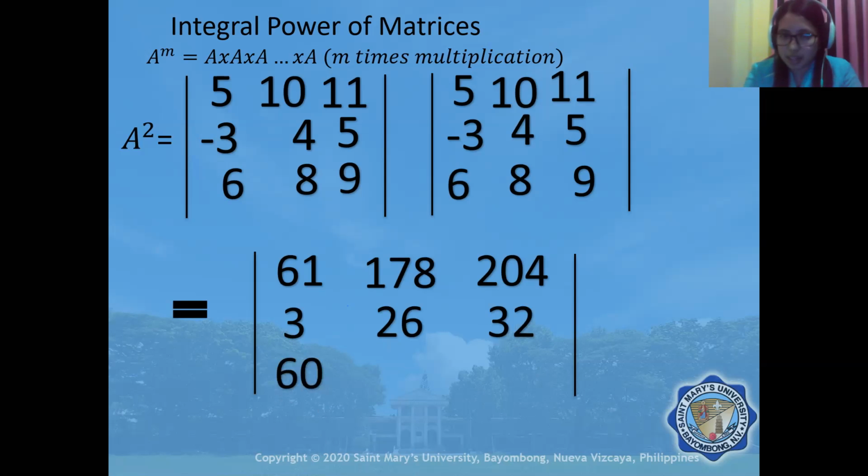Then 6 times 10 plus 8 times 4 plus 9 times 8. You will get 164. And then third row to the third column, 6 times 11 plus 8 times 5 plus 9 times 9, you will get negative 187.